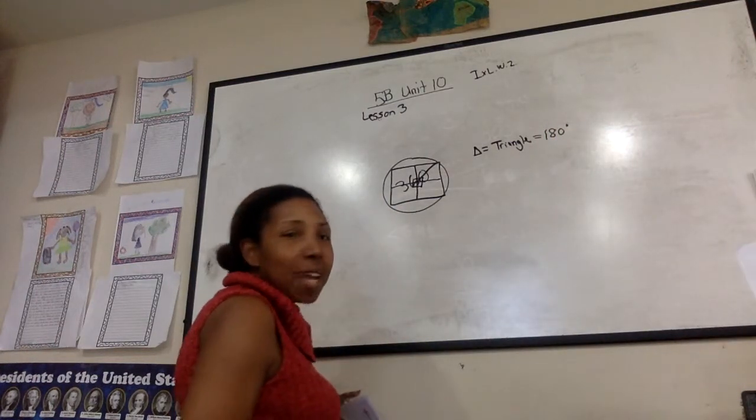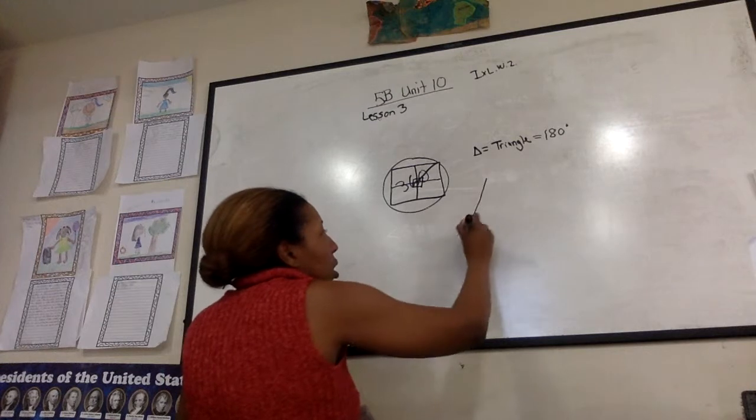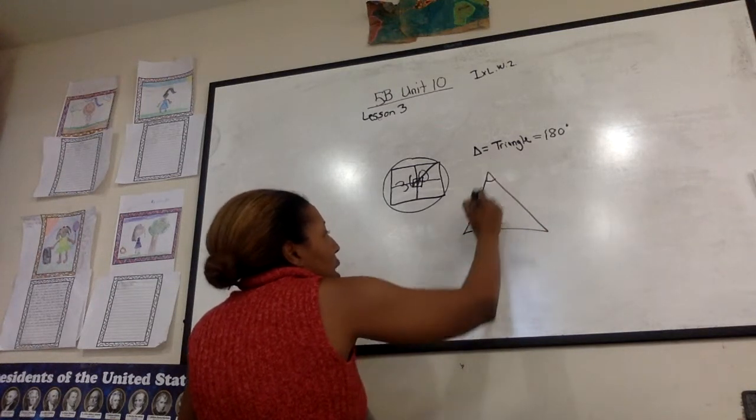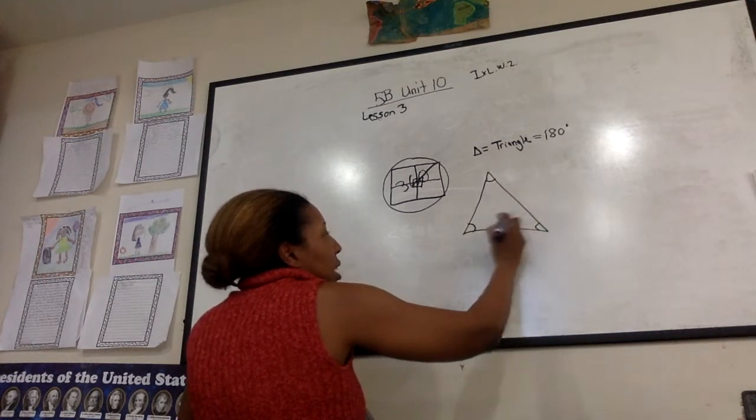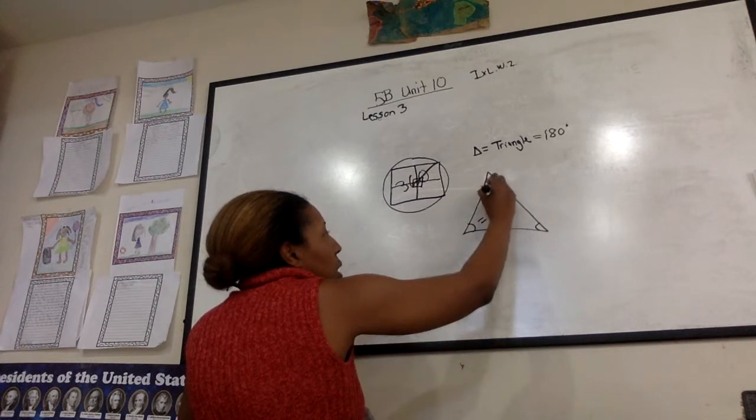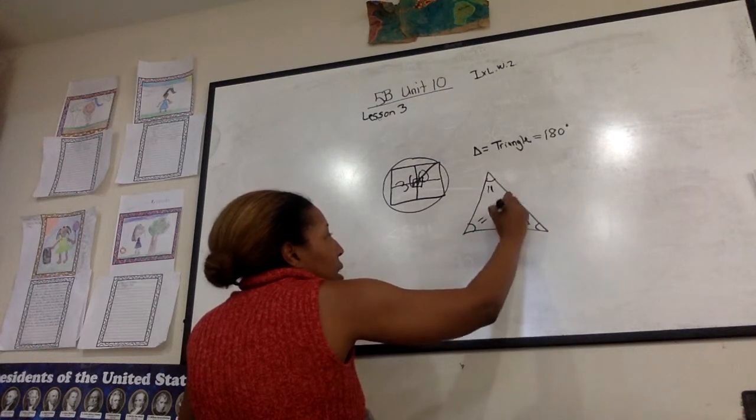So that means when I add up all the angles of my triangle, this plus this plus this, it's going to equal 180.